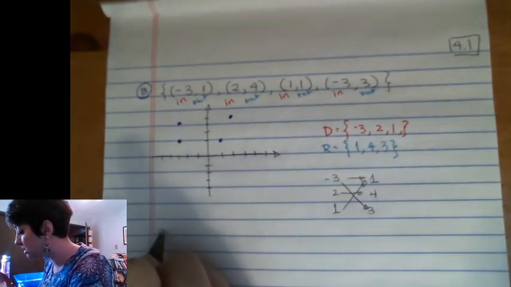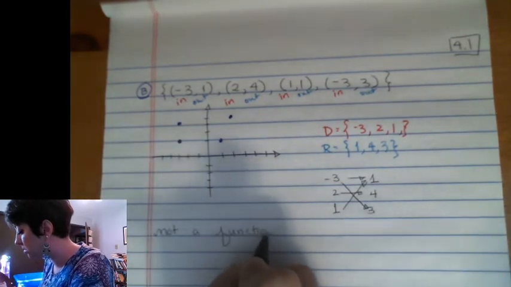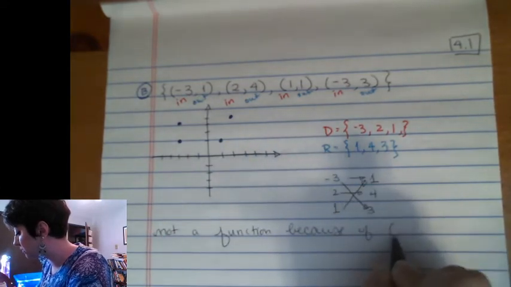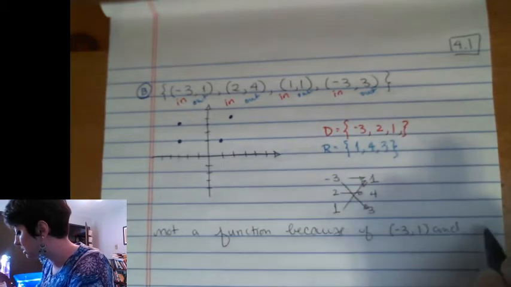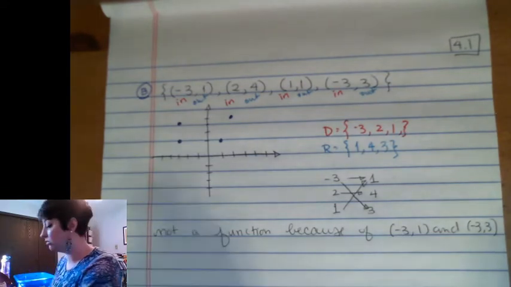So this is not a function because of -3, 1 and -3, 3. That's my problem.